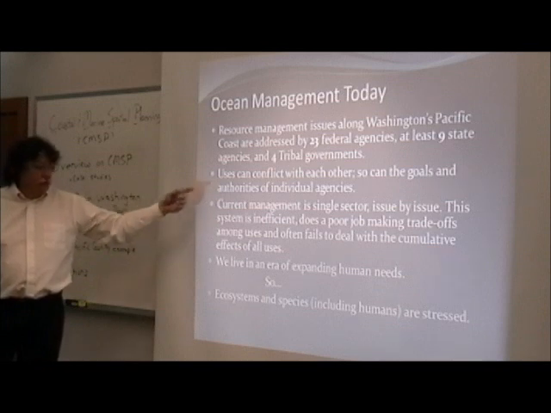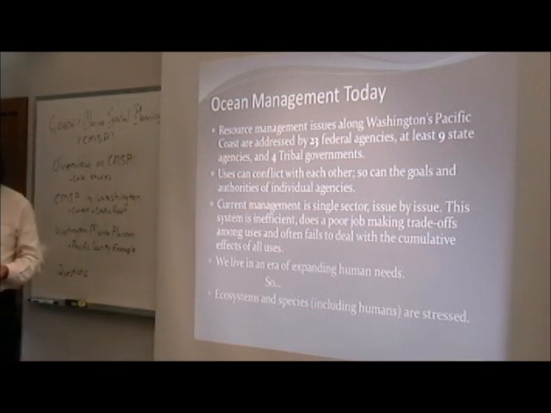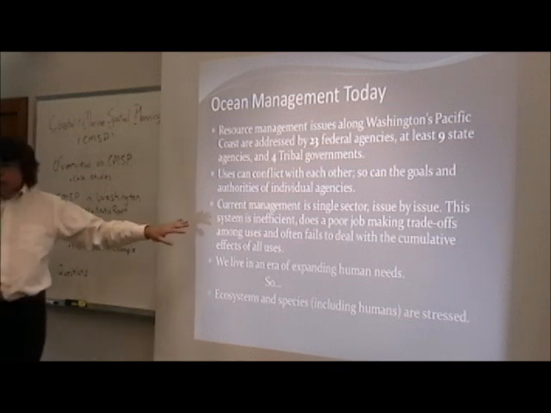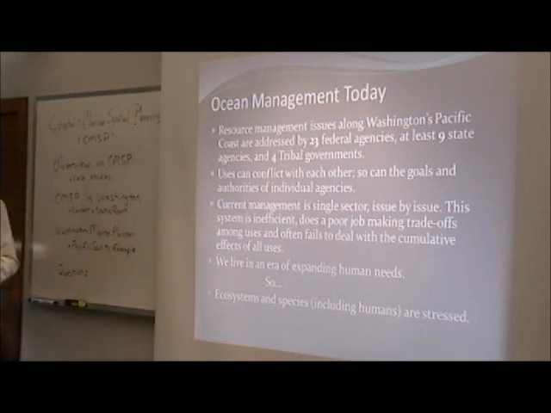So, as I said, with the increasing number of uses that we're facing in the ocean, we get an increasing potential for conflict, as well as disparities between the authorities of the individual agencies that manage those resources. And historically, we've done the management on a sector-by-sector basis. We have fisheries management councils that set management regulations.